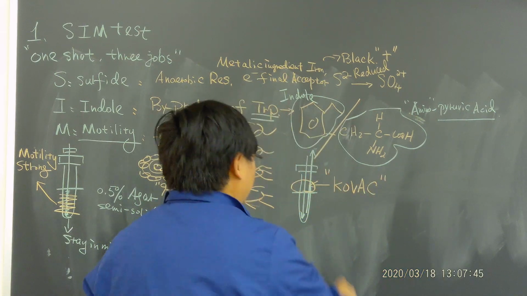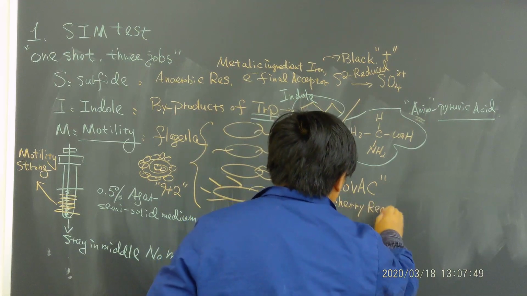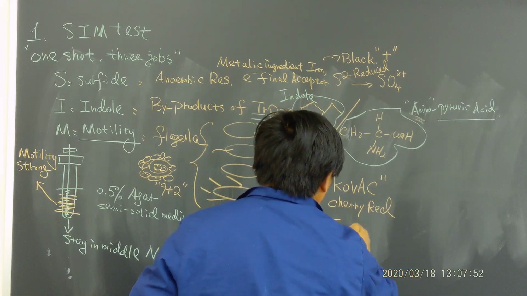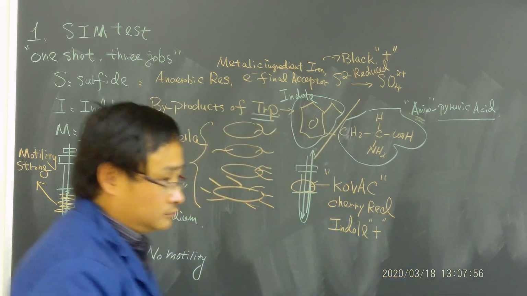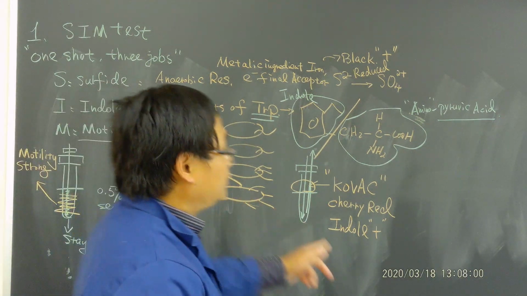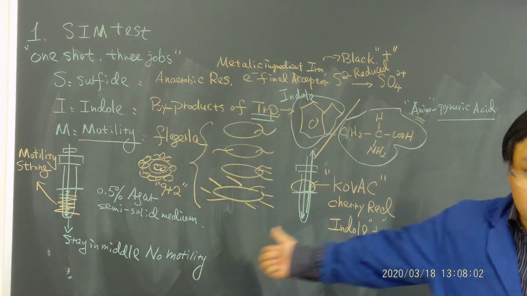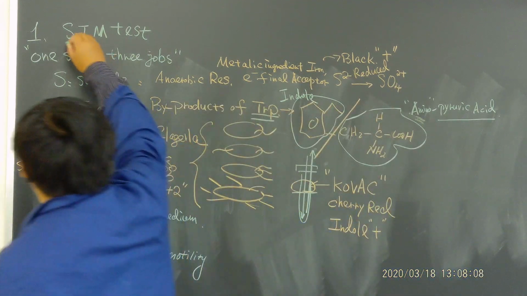If this Kovac's turns cherry red, it means it's indole positive. Okay? So the work is very easy. You just put a bacteria there, but the story behind that is more important. So that's called the SIM test. One shot, three drops. That's the first thing we're going to do.